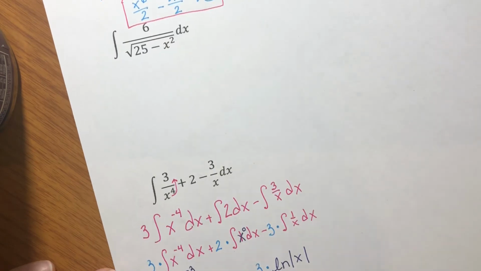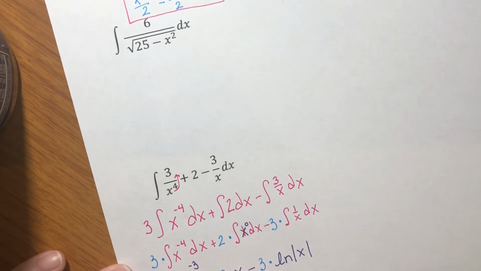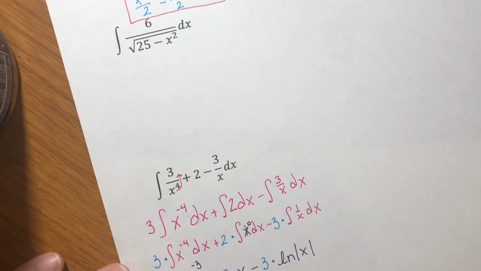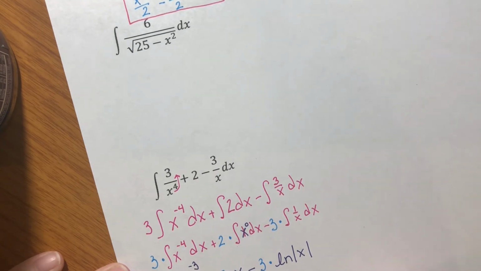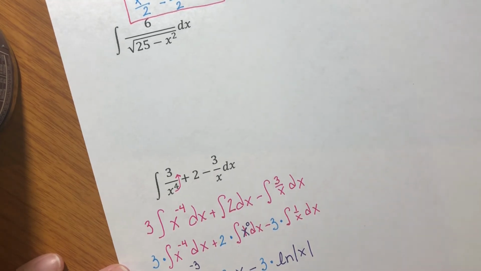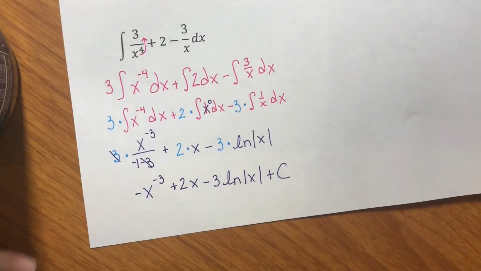So simplifying and putting together, these would go away. This would leave us with a negative 1. So I can say negative x to the negative 3 plus 2x minus 3 ln of x. And then don't forget your constant, your plus c. Oop, you probably couldn't see any of that, but there you go.